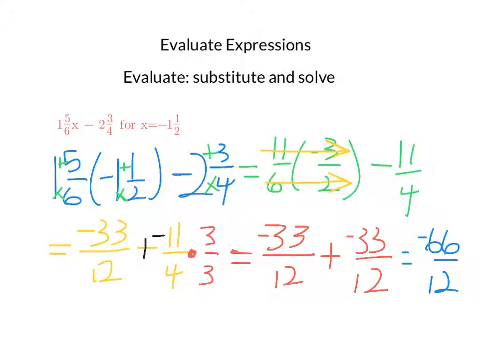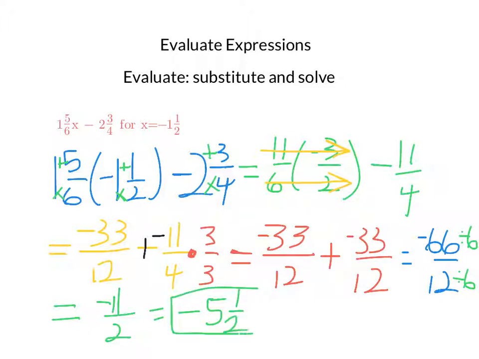And then we are going to need to simplify that. We divide the top and bottom by 6. And that gives me negative 11/2. And if we simplify that into a mixed number, 2 goes into 11 negative 5 times with 1 left over, so negative 5 1/2, or negative 5.5. But there is evaluating, meaning substitute and solve, an expression.